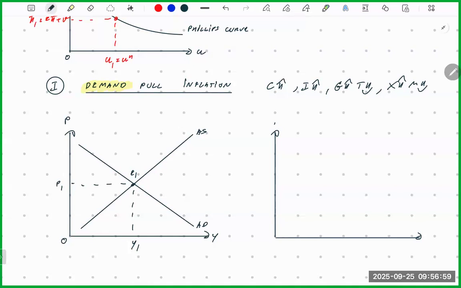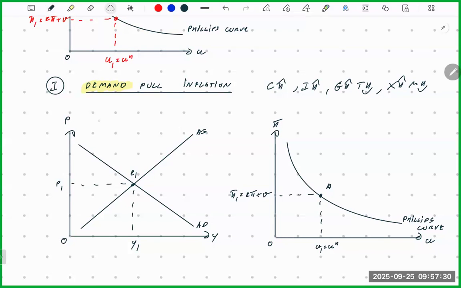And then on the right-hand side, we have pi on vertical, U on horizontal, and then we have the Phillips curve. The starting point is maybe here, point A. Point A, U1 equals UN, and pi 1 equals expected pi plus V. This is the starting point.